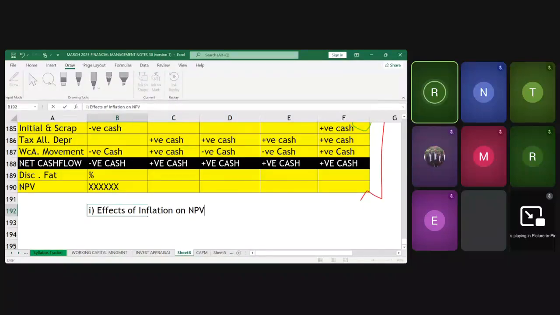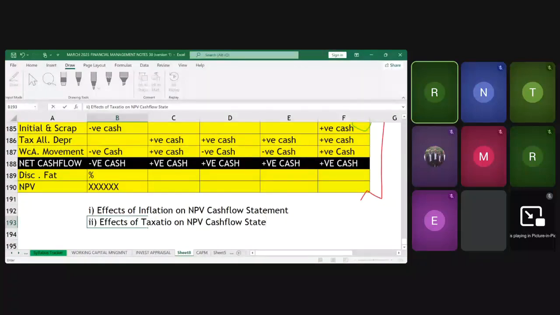Those guys who are doing AFM, please take note. This is quite important again, right? Effects of inflation on NPV cash flow statements. We need to look at inflation. After we are done with inflation, we need to look at effects of taxation on NPV cash flow statements, right? We need to do that.